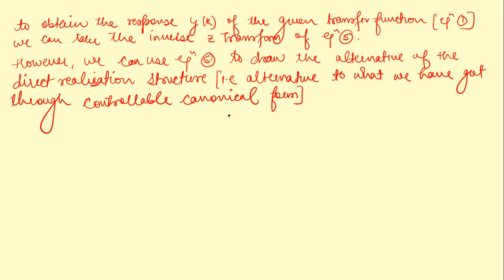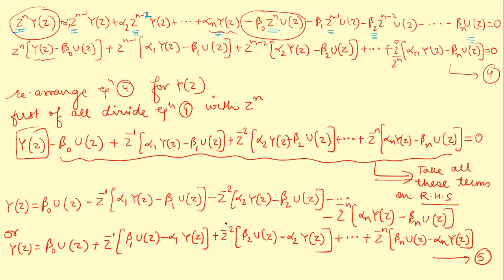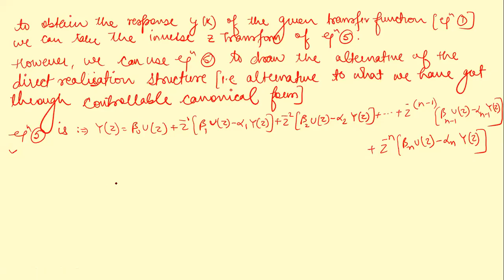So we will write this equation number 5 once again on this screen, right? The equation 5 has been written here for the convenience. So let us start drawing the direct realization structure or a block diagram representation of this equation.